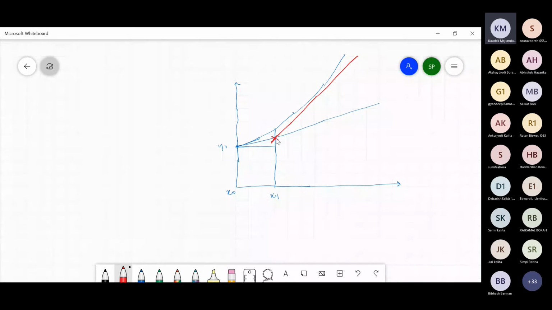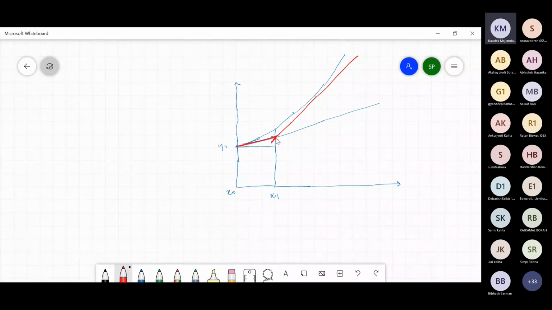Tangent at this point, at the y1 point. This is your tangent, so I'll join this up to y1 this much. Now at this point again, I will draw one tangent or slope. Clear? Yes, sir.